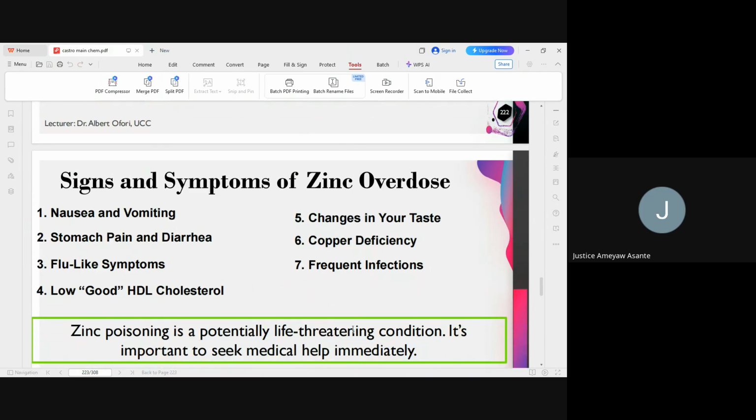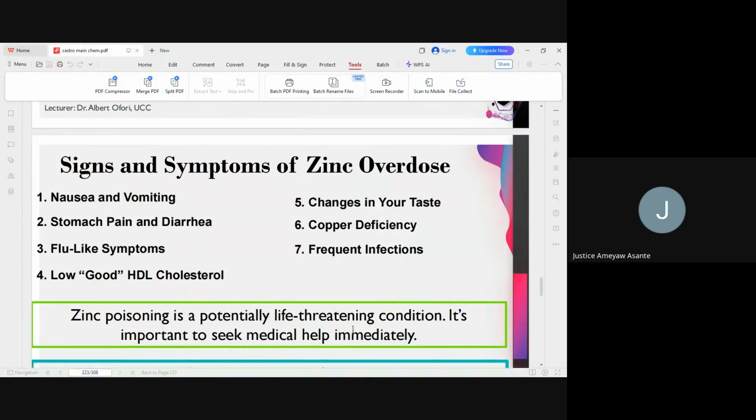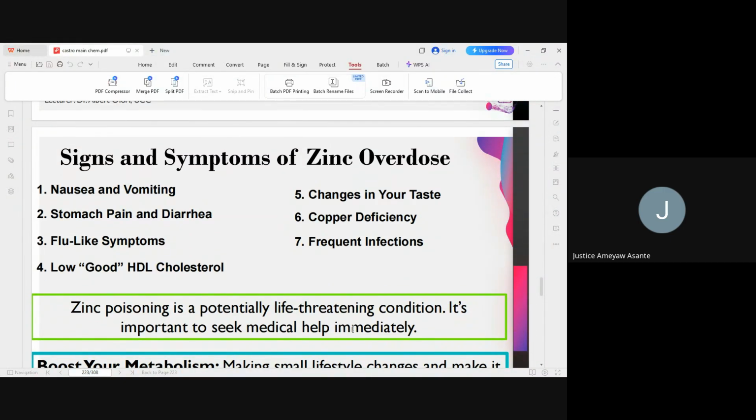Signs and symptoms of zinc overdose: nausea and vomiting, stomach pain and diarrhea, flu-like symptoms, low HDL cholesterol, changes in your taste, copper deficiency, frequent infections.